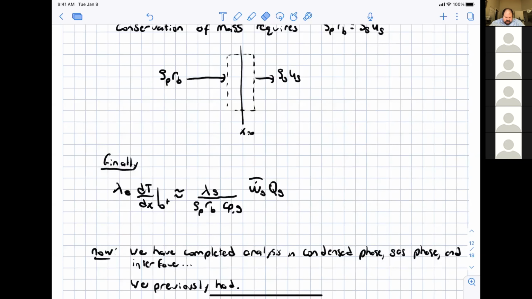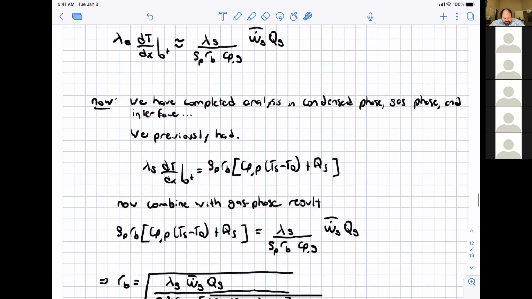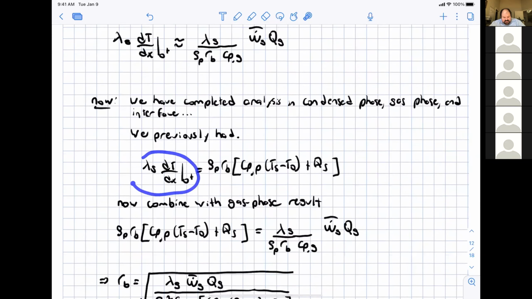So anyways, now we have completed analysis in the condensed phase, gas phase, and the interface. Recall that we previously had that lambda G dT/dx on the gas phase side of the interface is equal to this expression here, which was derived using the condensed phase analysis and the interfacial energy balance.